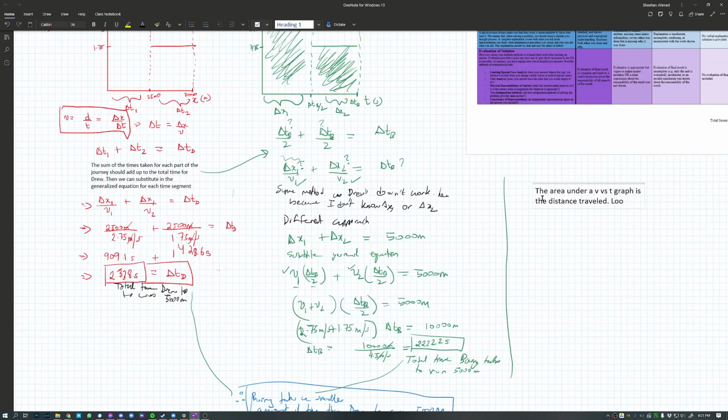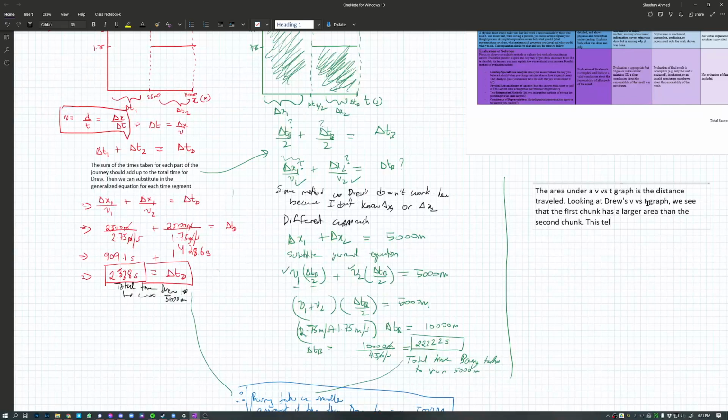Okay, looking at, again, I forget who's Drew. Looking at Drew's v versus t graph, we see that the first chunk has a larger area than the second chunk.